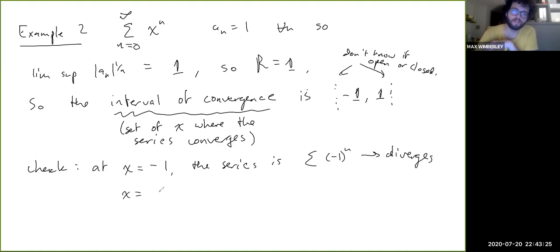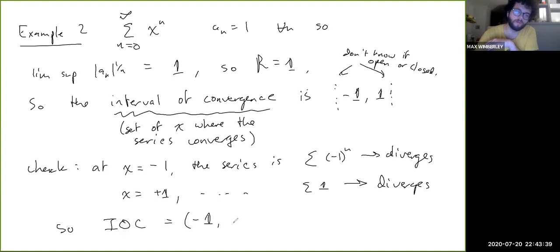At x equals +1, this series is just the sum of 1, which also diverges, of course. So the interval of convergence is the open interval from -1 to 1. Okay? So if you took Math 1B, this might seem very familiar so far. All right, let's look at the next one.